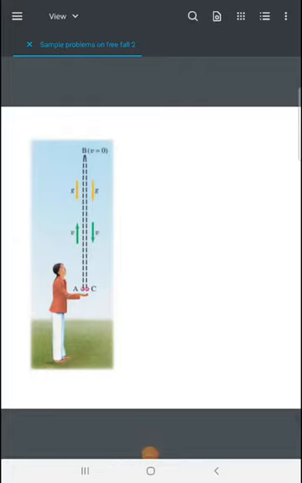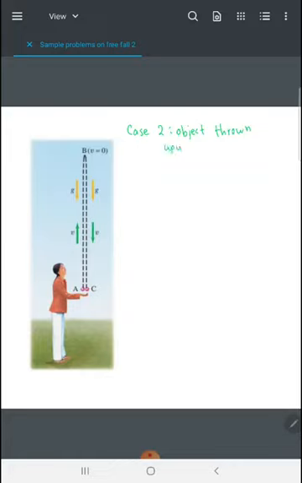So this is sample problem on free fall number 2. Iba siya dun sa sample problems on number 1 kasi ibang case yon. Sa case number 1 ng free fall, yung object ay hinulog downwards, di ba? But in this one, as you can see in the diagram here on the left, case number 2, yung object ay thrown upward.